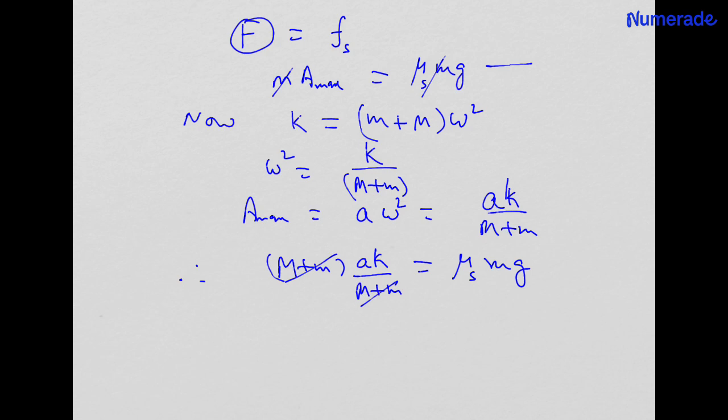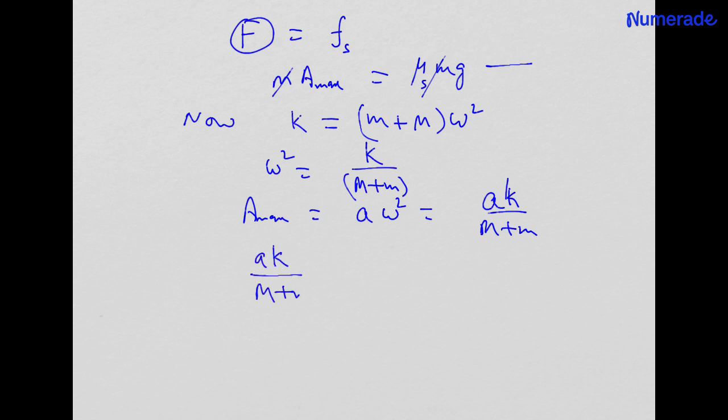So again, putting this value in the equation we have obtained above, a max, that is A k by M plus m, is equal to mu s times g. So A will be given by mu s times M plus m into g divided by k.